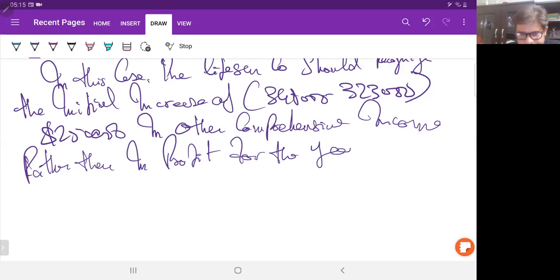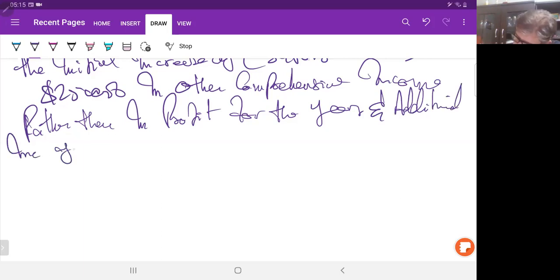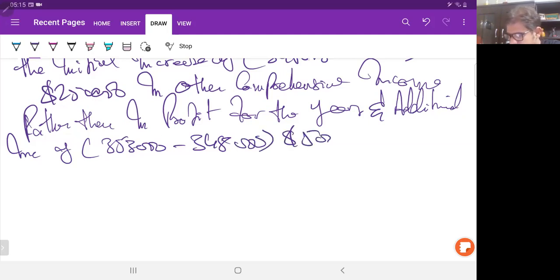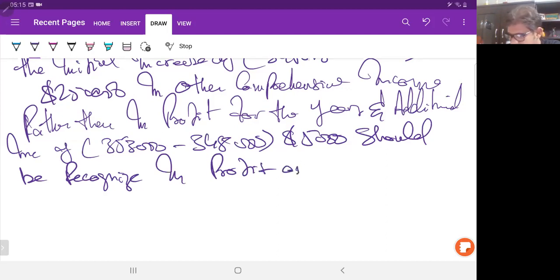Okay, now an additional increase of 353,000 minus 348,000, that is a $5,000 increase, should be recognized in profit or loss.